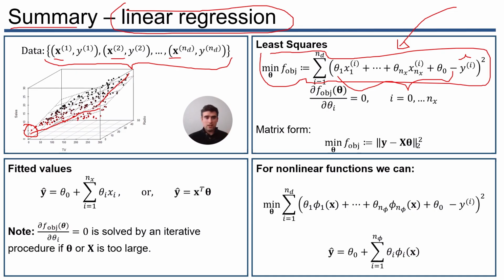Now, we saw that in the case of linear regression, predicting is very easy. We simply grab the optimal parameters and multiply them by the new inputs that we just got. So for example, in the case of a house, again, number of windows and square meters, and that would give us the prediction that we wanted.